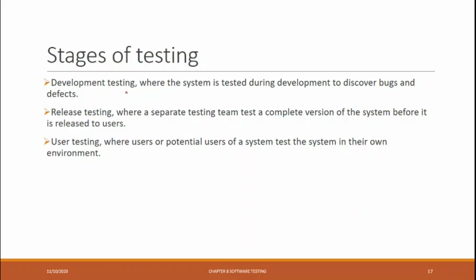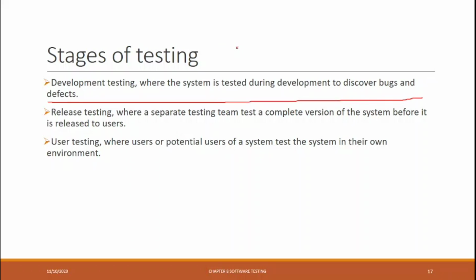Release testing is done by test engineers before releasing the product to the customer. If they find any errors in the system, they return the application to design and implementation to rectify the defects.